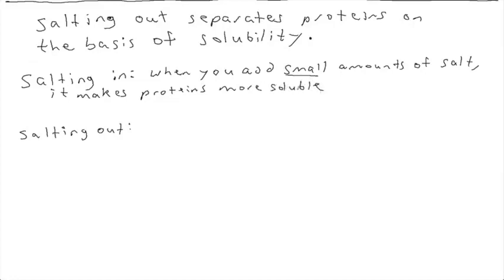More soluble in what? What solvent are we using? Buffer? Yeah, we might well be using a buffer. But what's the main liquid in the buffer? What solvent are we using? Water? Yeah. So we're talking about making proteins more soluble in water. Salting in makes the proteins more soluble in water.